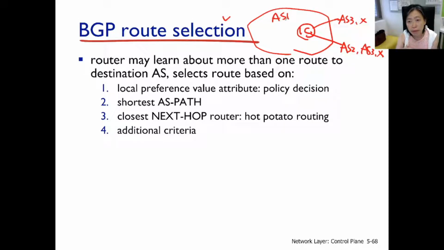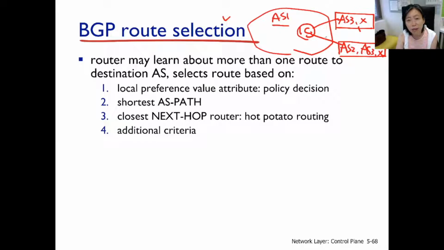So in the previous slide, we said the policy of AS1 is such that we only select this one to import. And so 1C propagates this AS path to all internal routers. Internal routers will then send packets destined for X through 1C and therefore be forwarded to AS3. Very simple. But what if we relax the import policy a little bit further so that 1C cannot discard this other AS path?